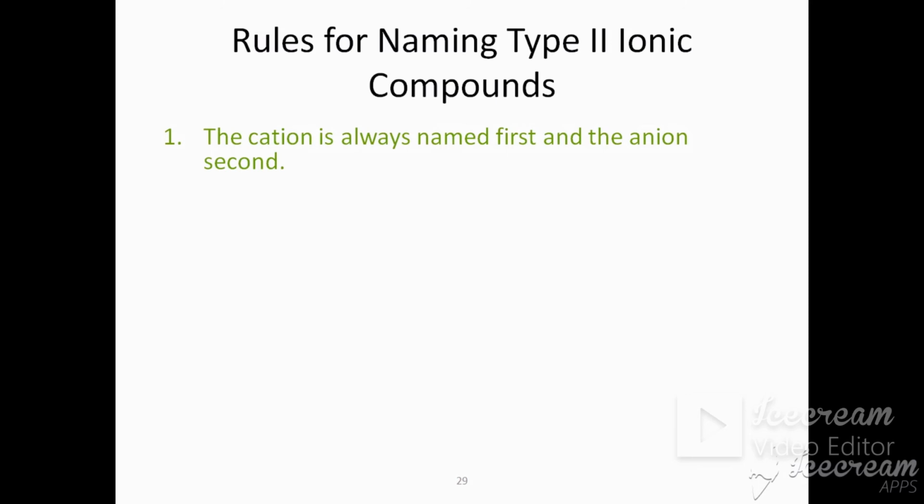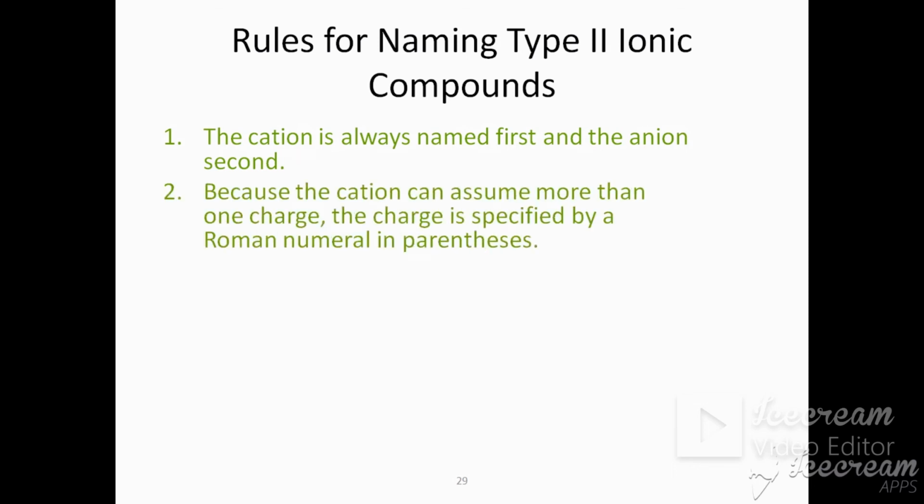Rules for naming type 2 ionic compounds. The cation is always named first and the anion second, because the cation can assume more than one charge. The charge is specified by a Roman numeral in parentheses.